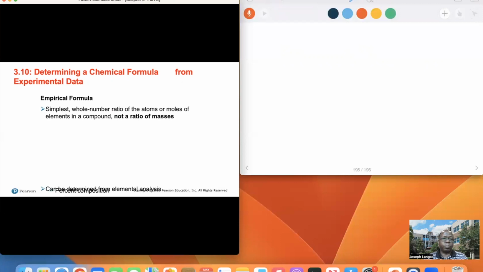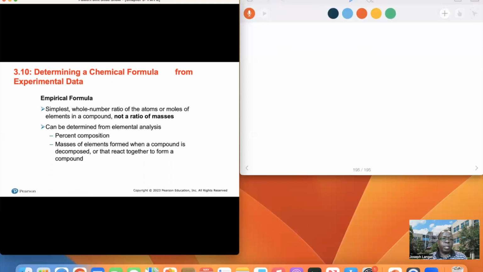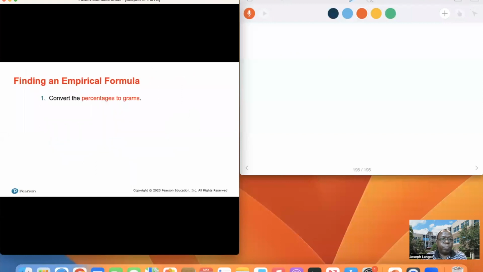In a compound, it can be determined from mass percent, or from masses of each element formed when a compound is decomposed. By the way, we'll look at how to use decomposition of a hydrocarbon to find the empirical formula.